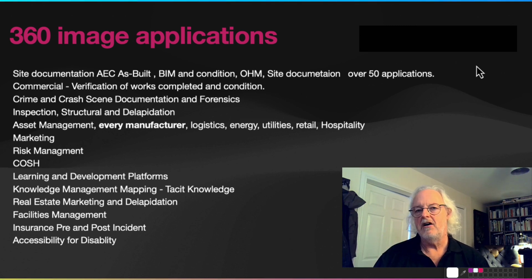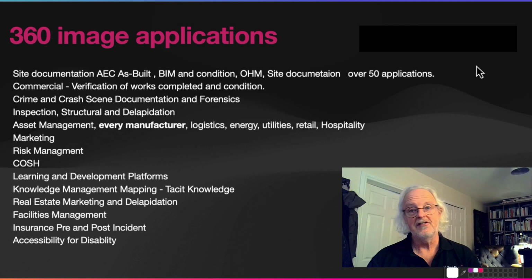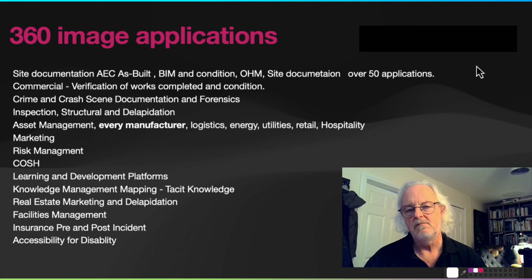So there's a certain market for looking at protection of property where 360 imagery is a great quick way, and depending on the camera you use and the definition you can gather and the quality of the image, which is what we're going to be showing you how to achieve, is a huge way of mitigating costs and guaranteeing the reproducibility of things.